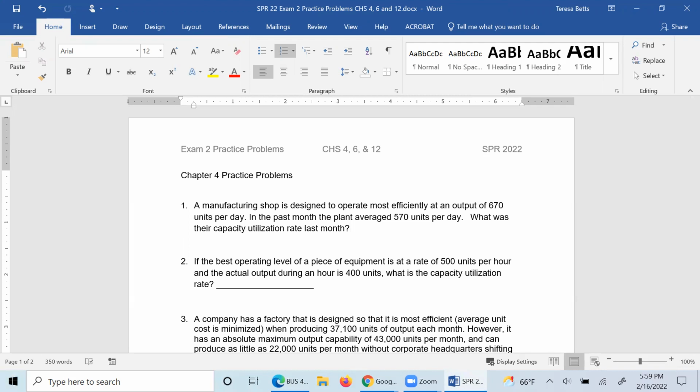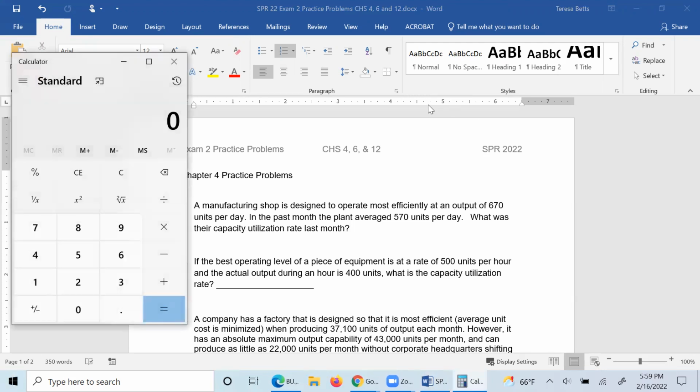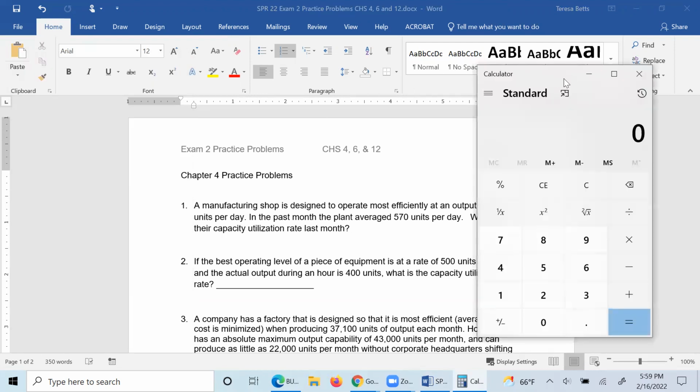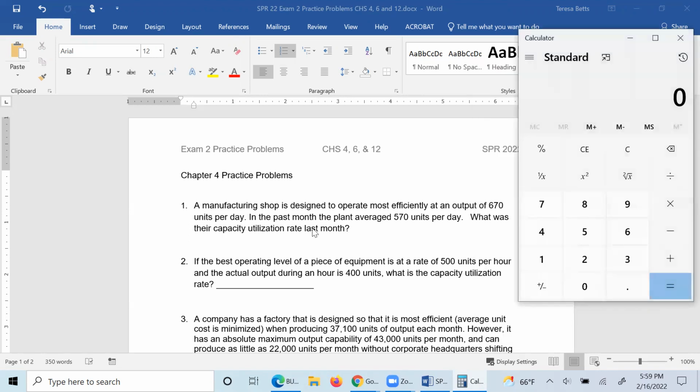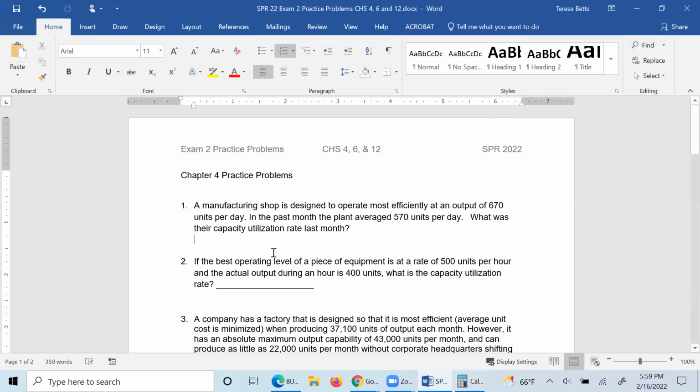Let me just check real quick and see if I have a calculator. I do. So if I were typing out my answer, I would say that capacity utilization is equal to actual divided by theoretical. In our case, actual is 570 units per day and theoretical is 670.